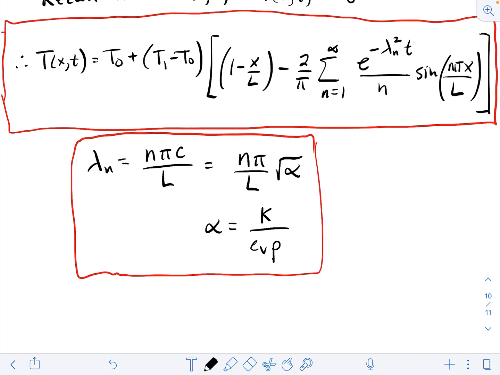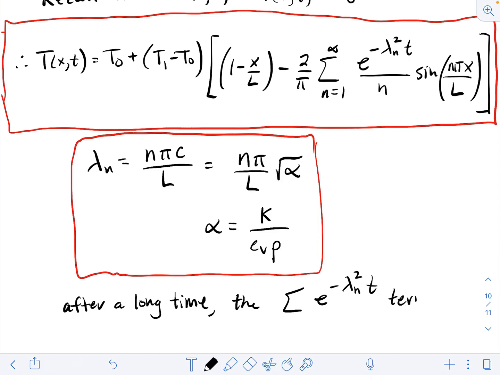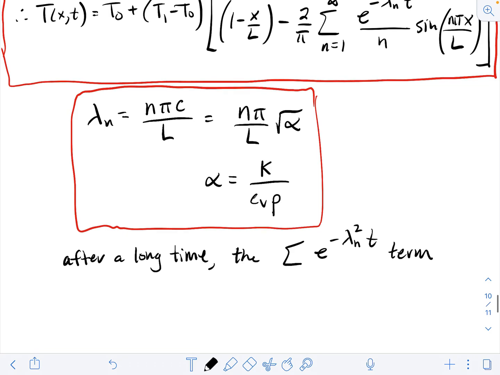So if you wait for a long time, that negative exponential becomes really small. So after a long time, the sum of e to the minus lambda squared t term becomes negligible.